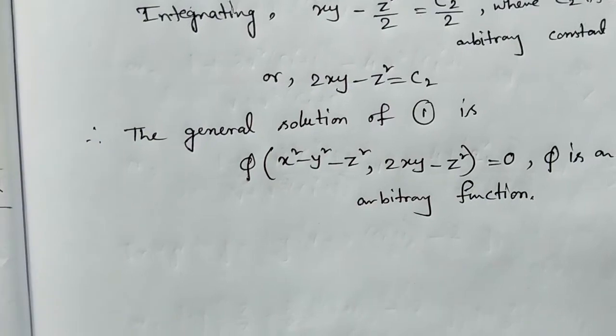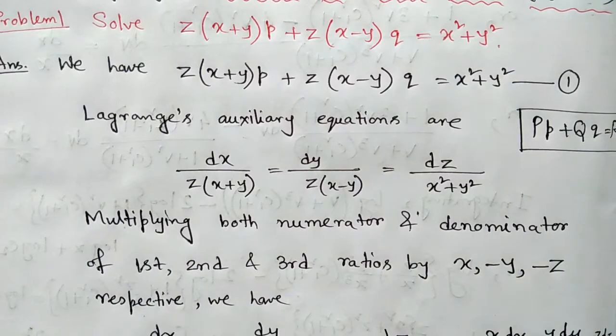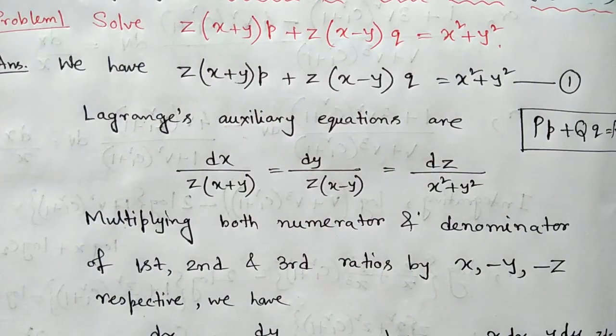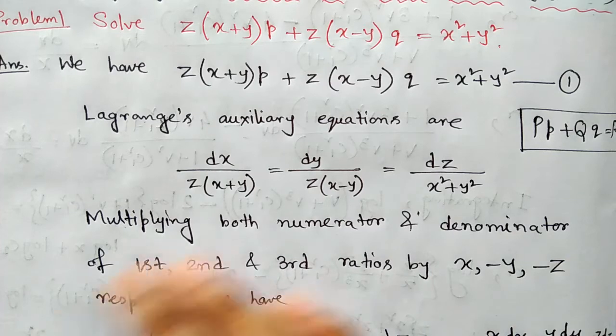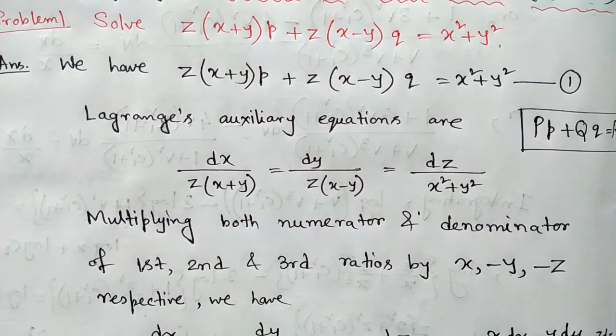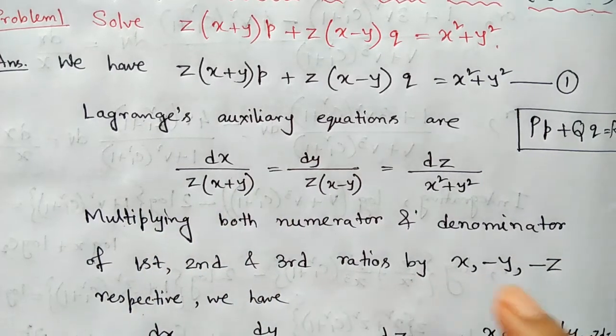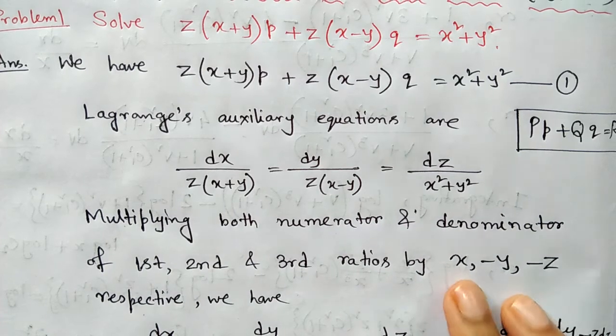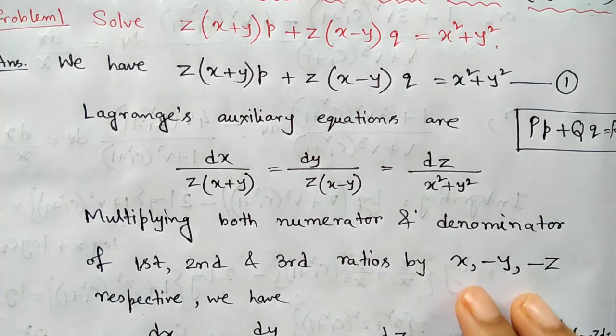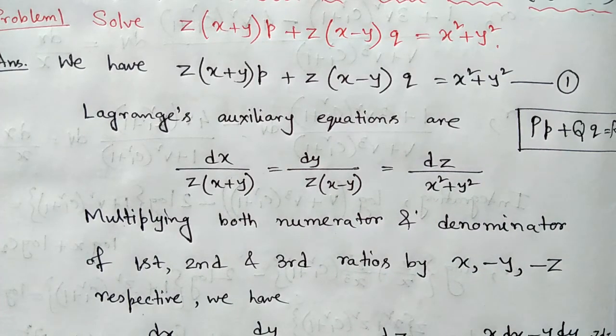So mainly, in a type 3 problem, we need to find the solution in this way. We have to multiply both numerator and denominator with a suitable number or variable. What the multiplier will be can be chosen as per our requirement.